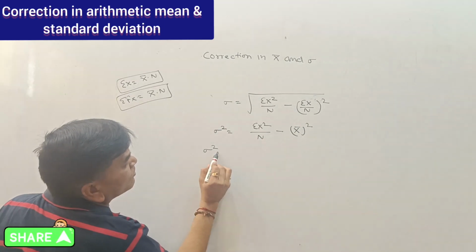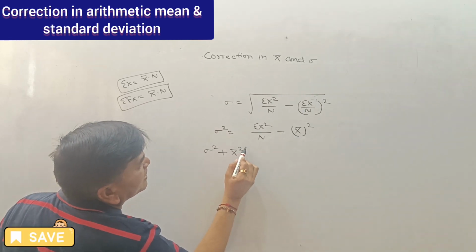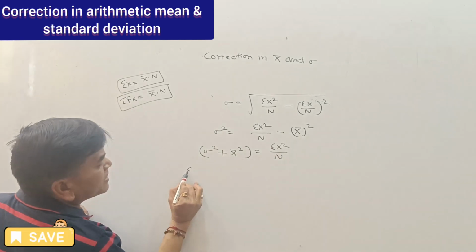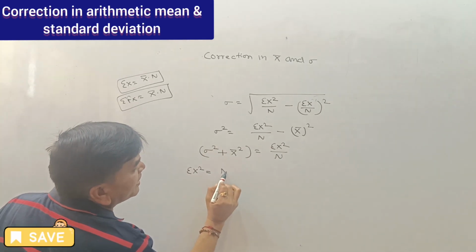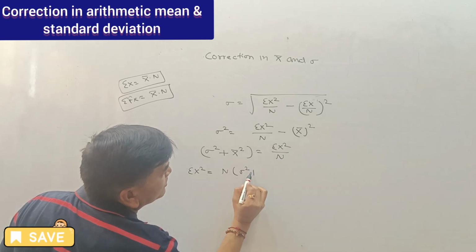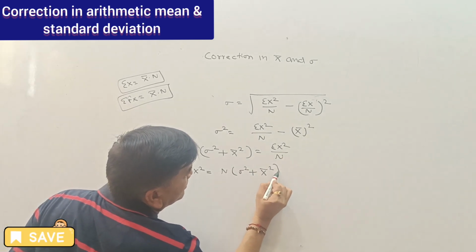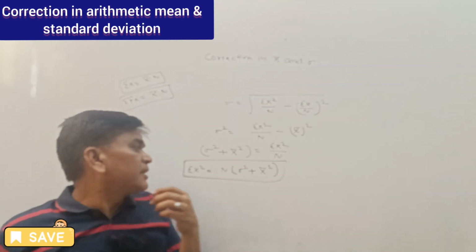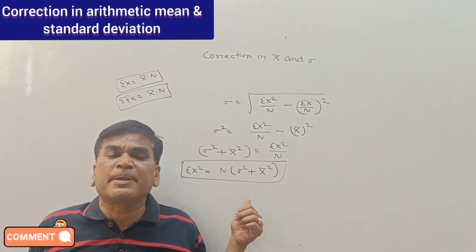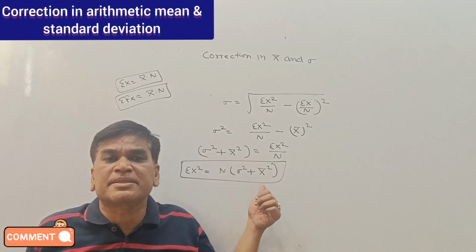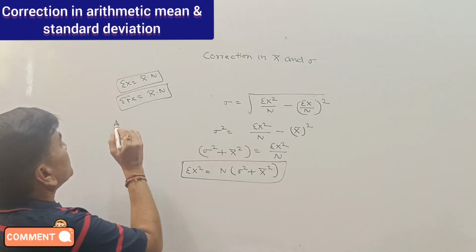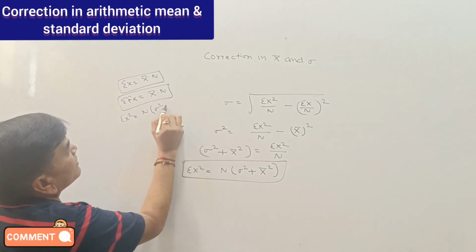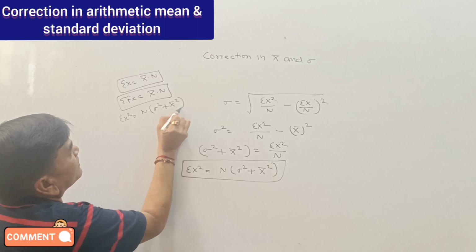So, standard deviation square plus x bar square is sigma x square upon n. So, sigma x square is equal to n multiplied by the standard deviation square plus x bar square. For getting sigma x square, this formula will be used.